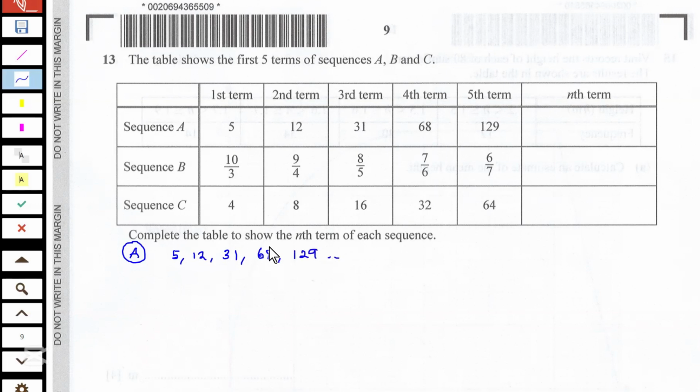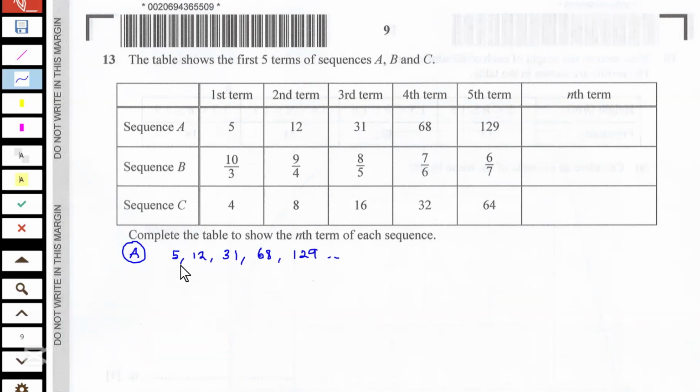So first, we have to find the common difference between the terms, from the first term to the second term. The common difference is going to be 12 minus 5.